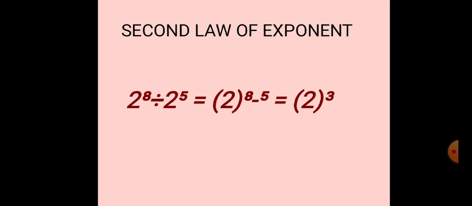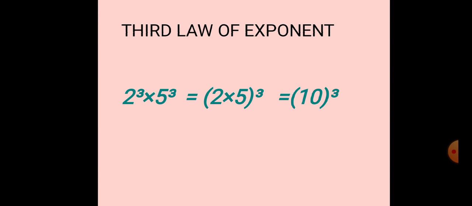We will subtract the powers. So I can write 2 raised to the power 8 minus 5, that is equals to 2 raised to the power 3. When the question says write in exponential form, we can write till here. When the question says find the value of it, I can write 2 3 times and then multiply it, then the answer will become 8.